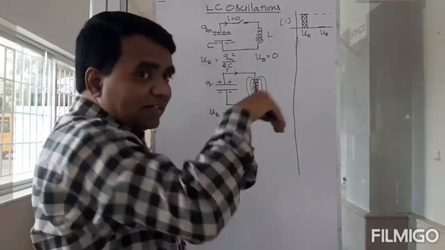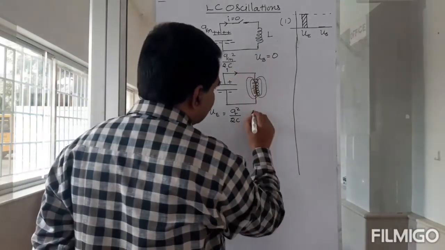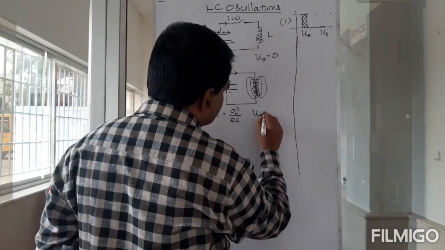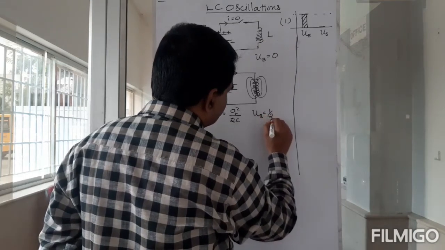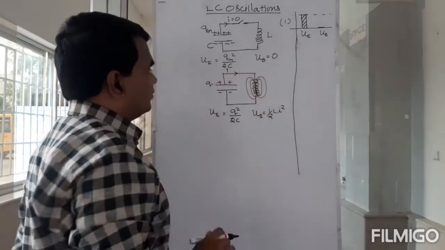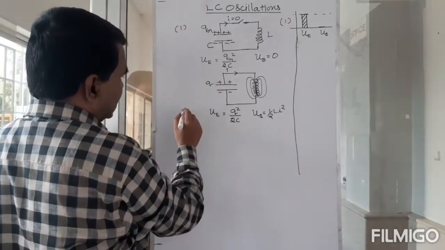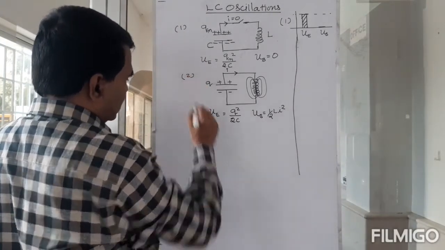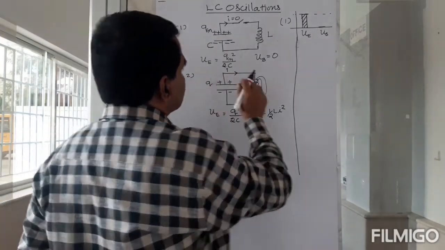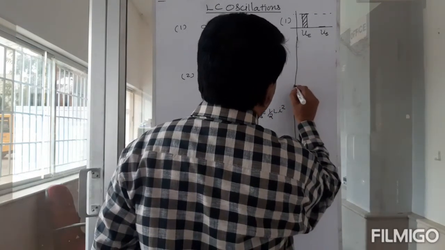But you have built up a current I. So then what is the energy in the magnetic field? We have done that already, right? UB is equal to half L I squared, whatever the current is. So this is case 1, and in the second case you have this kind of graph.